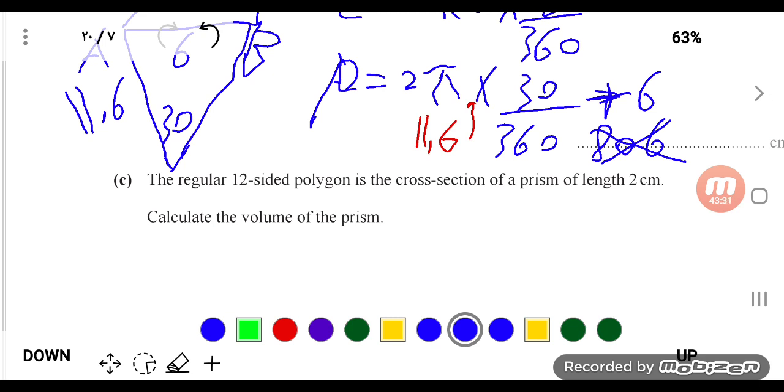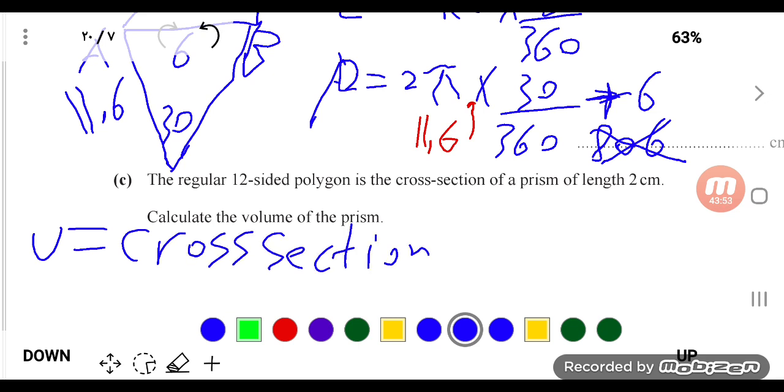Next question. The regular 12-sided polygon is the cross section of a prism of length 2 cm. Calculate the volume of the prism. Volume of any prism is cross-sectional area times length. So let's write it here. Volume equal cross-sectional area times length.